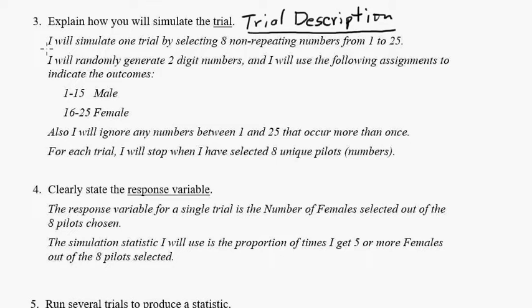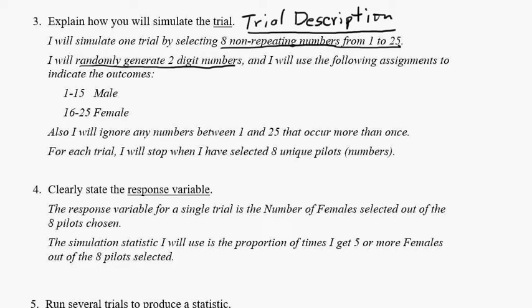Here I'm going to say, and there might be a better way to word this, I will simulate one trial by selecting 8 non-repeating numbers from 1 to 25. The way I'll do that is I will randomly generate 2-digit numbers. That's important to identify, that I need 2-digit numbers in this case. And I will use the following assignments.